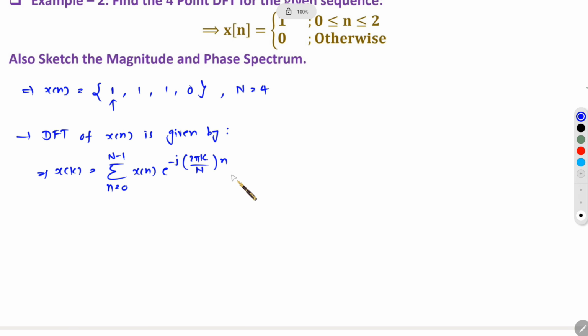Here, k ranges from 0 to N minus 1 as well, and small n also ranges from 0 to N minus 1.